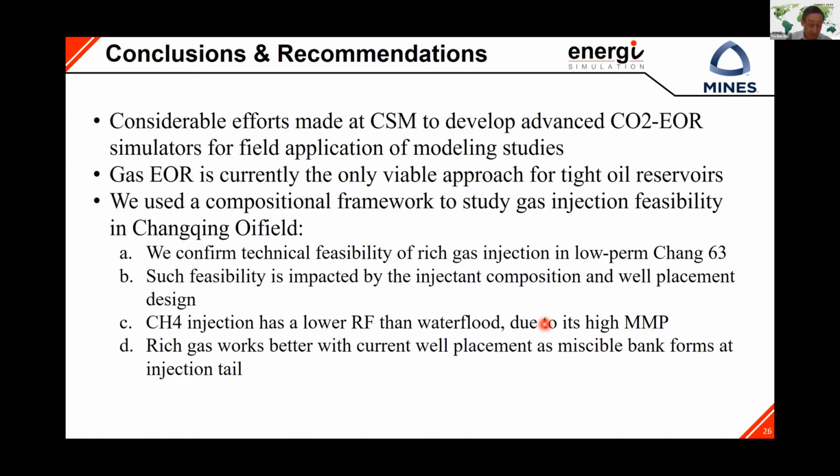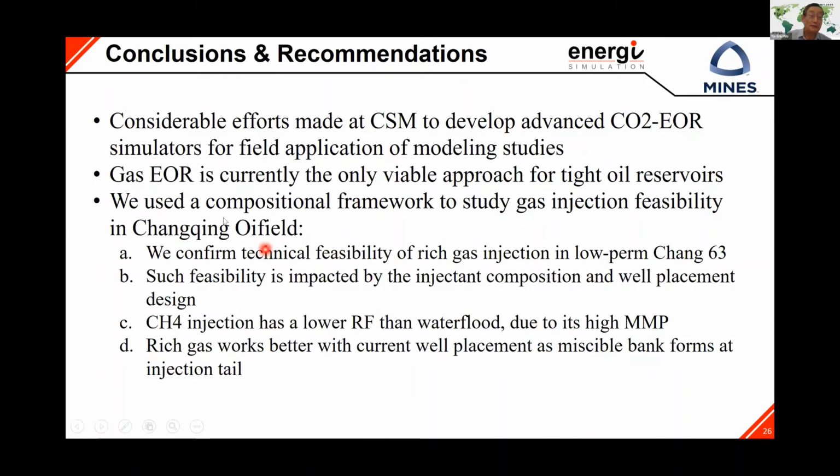Okay, now I'm going to conclude with some conclusions and recommendations. We have worked very hard on developing modeling tools to look at CO2 EOR and natural gas EOR for tight oil reservoir operations. We developed several in-house models, isothermal, non-isothermal, considering geomechanical impact and also thermal impact.